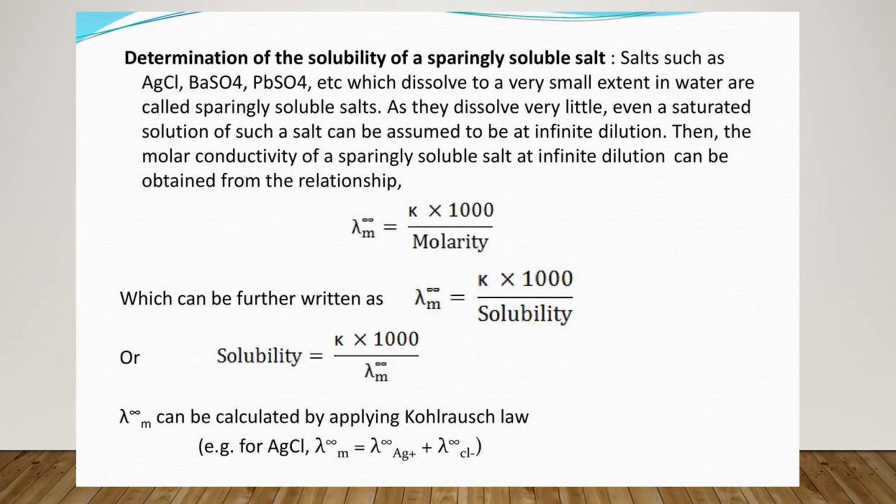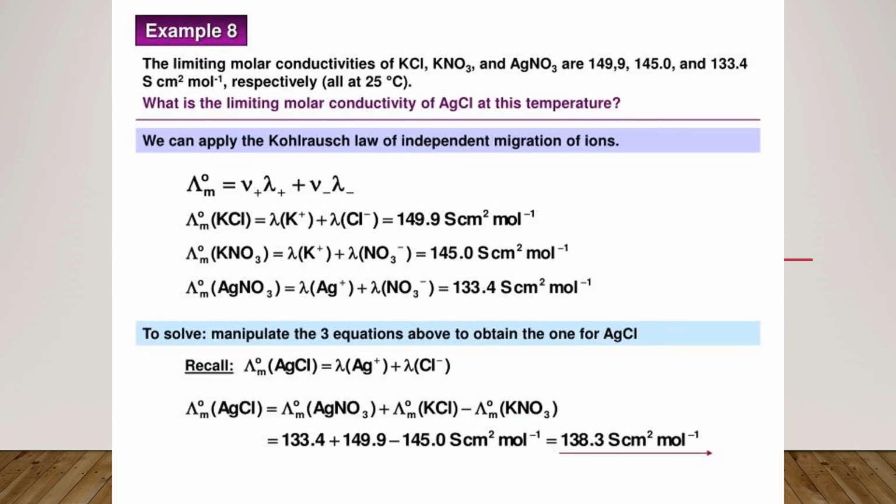So Kohlrausch law വെച്ച് the molar conductance at infinite dilution for AgCl കണ്ടുപിടിക്കാൻ പറ്റും, barium sulfate കണ്ടുപിടിക്കാം, lead sulfate കണ്ടുപിടിക്കാം. അത് ഇവിടെ പുട്ട് ചെയ്ത് കഴിഞ്ഞാൽ, then specific conductance into 1000 divided by this value, that is actually the solubility of that particular sparingly soluble salt.